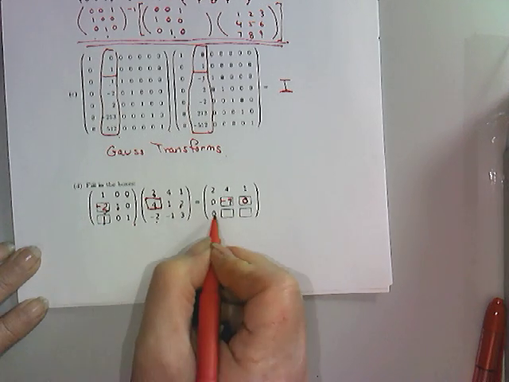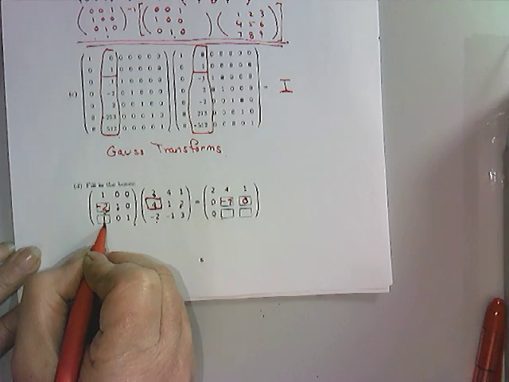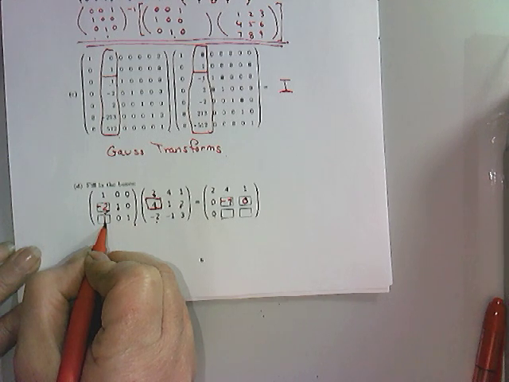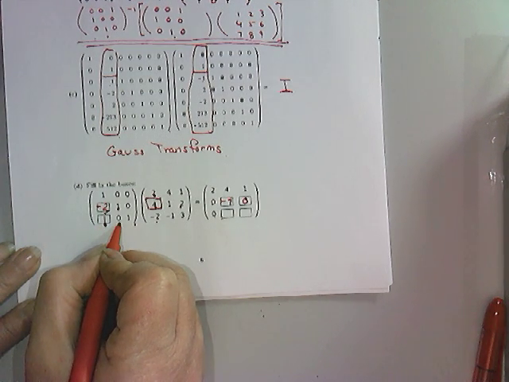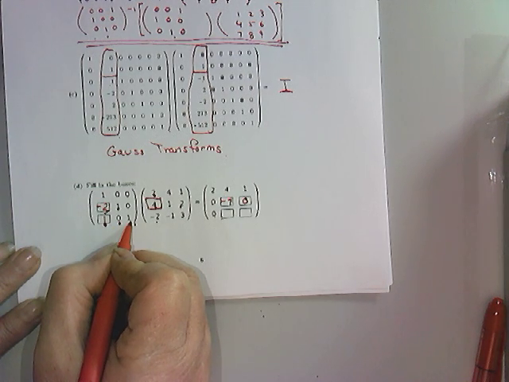And then when we want to determine the last row, what we're going to do is take the entries in the first row, multiply them by 1, multiply the second row by 0, so we can skip it, and then add it to the last row.